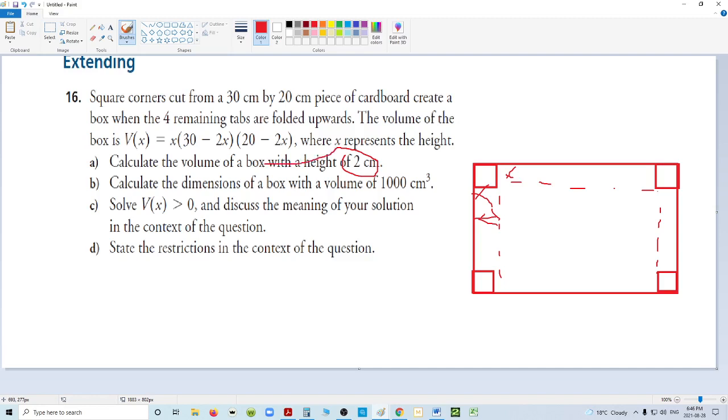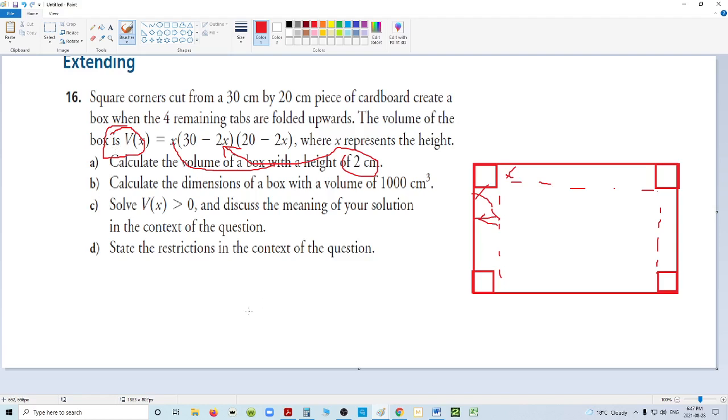Yeah, so the x here is going to be 2. That's all there is to that. Calculate the dimension of the box when the volume is this. So then you set the volume to this, and you've got to figure out what your x is.